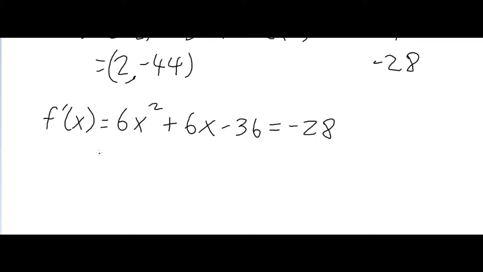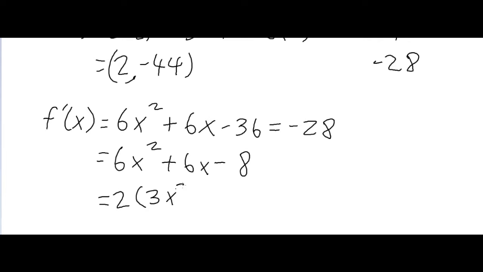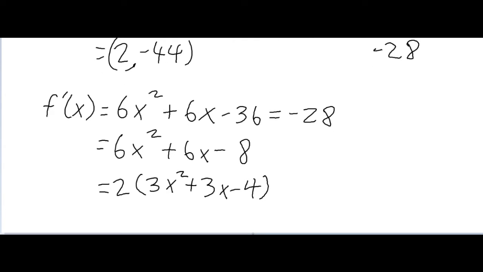So now we have to solve for x. The easiest way I can think to do this is move 28 to this side. So plus 6x, move 28, so negative 36 plus 28, and that's going to be negative 8. And so now we factor out, now we can only factor out 2. That's going to be 3x squared plus 3x minus 4.